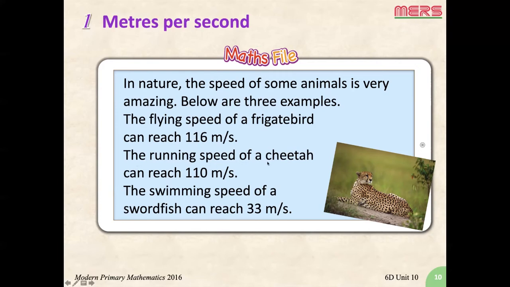And the running speed of a cheetah can reach 110 meters per second. So that means for each second, a cheetah can move 110 meters. And the swimming speed of a swordfish can reach 33 meters per second.